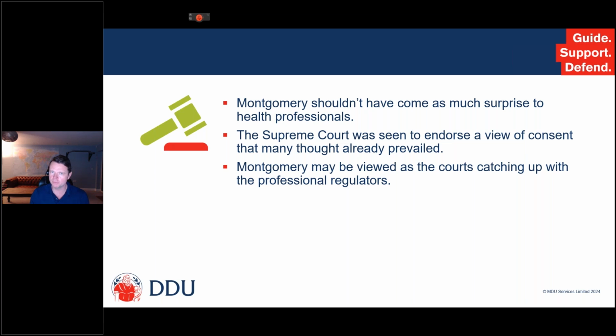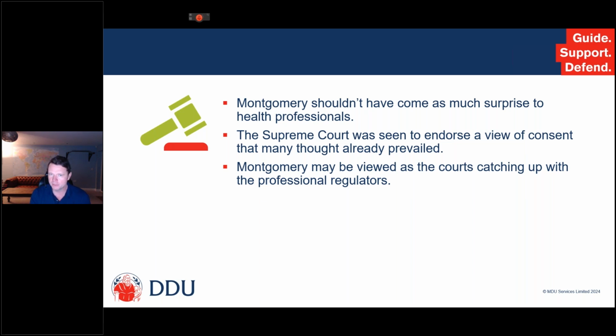So the bottom line is that Montgomery shouldn't have come as much of a surprise, because arguably, and of course the wording's slightly different, the expectation is the same. The GDC have been requiring this of us since at least 2005, that we should be tailoring the consent process to the individual patient, asking them what information they want to know, rather than us making the decision for them.